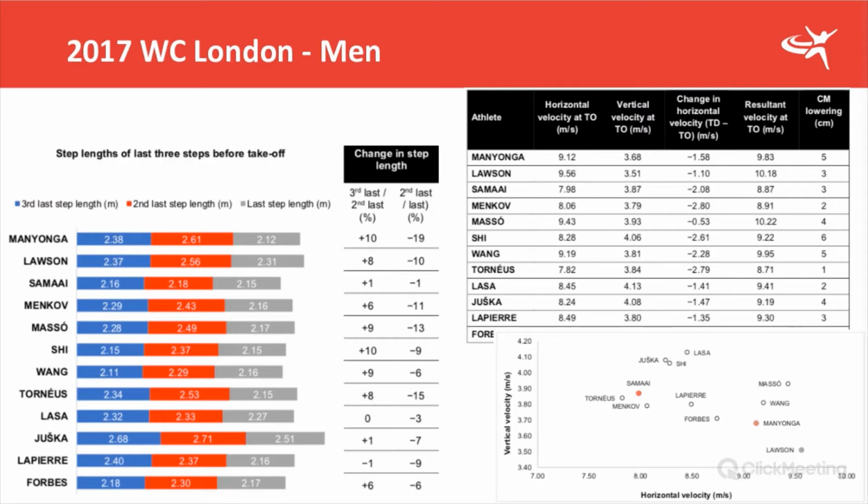Samai's probably the one that's most even, and we'll look at a video of him jumping later on, but 216, 218, 215, that's near as flat coming in, isn't it, really. But we can see on Manyonga the lowering of the center of mass at takeoff, 5 centimeters, which is significant on that.